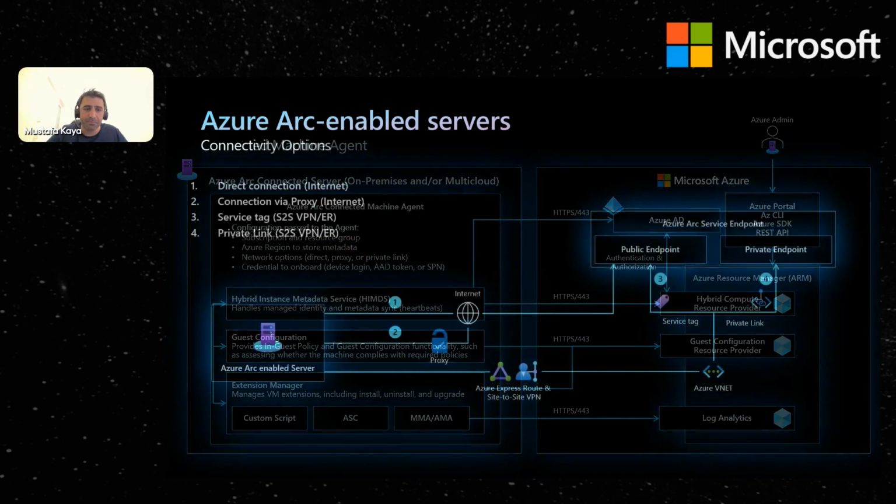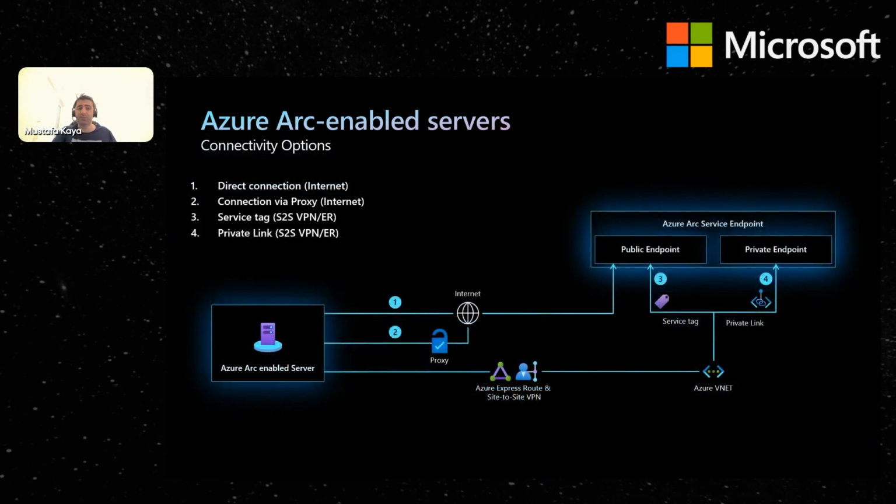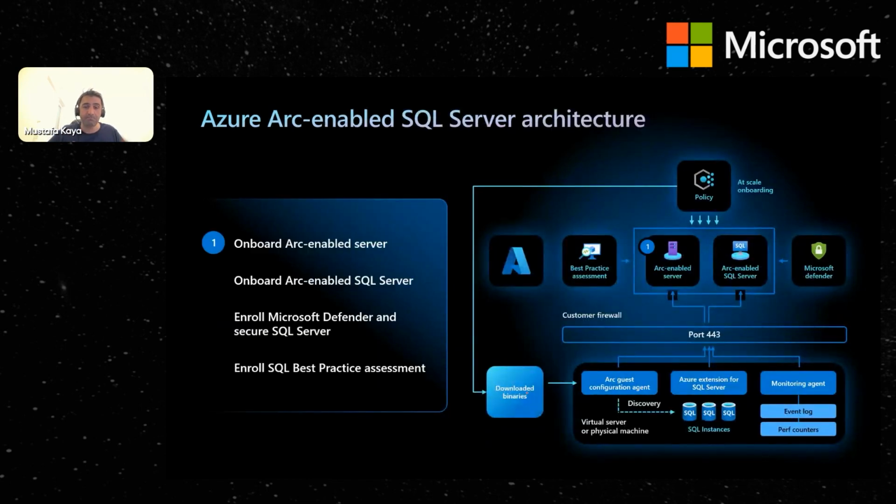Yes, there are different options to connect your servers to the public cloud. You can connect directly over the internet, or you can use your own ExpressRoute or site-to-site VPN with private network connectivity. As I mentioned, we install only one agent, but other capabilities come in as an extension model.